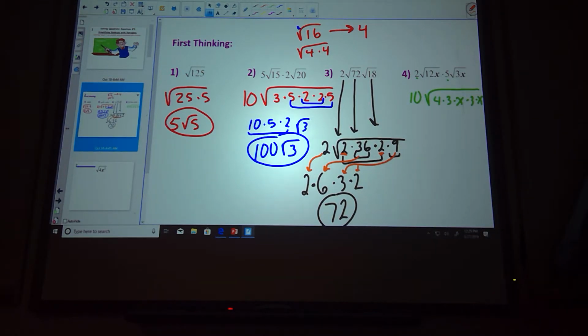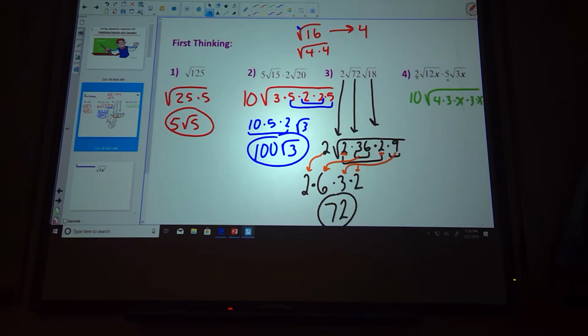If something comes outside, it gets multiplied by whatever's out there already. No, I mean on the inside, because you multiplied both the 2's together to get 4, a perfect square. So why wouldn't you multiply 9 and 2? Oh, because 9 and 2 gives me 18, and that's not a perfect square. 9's a perfect square, so we don't want to do anything with it. We want to take the square root of it. Okay, so you only multiply them if it's to make a perfect square.